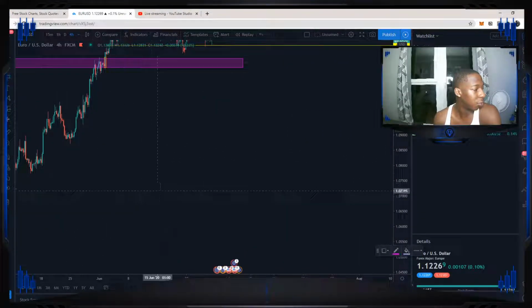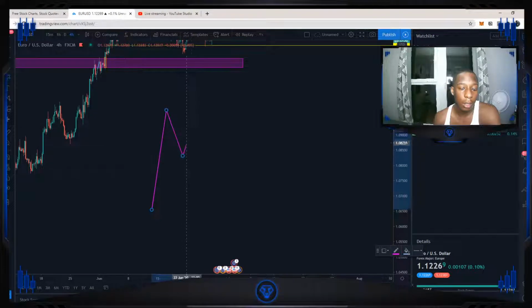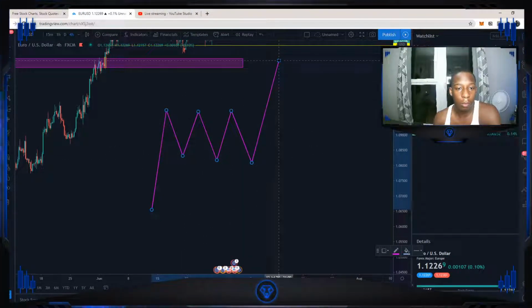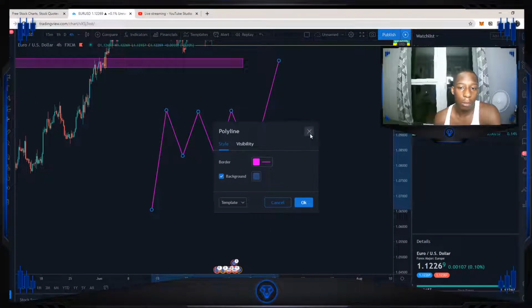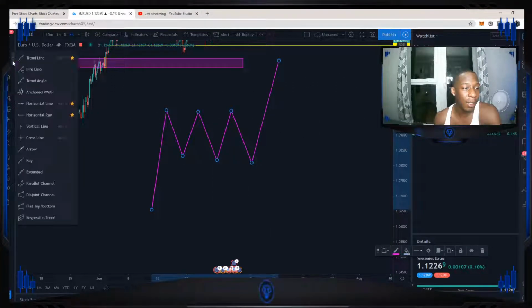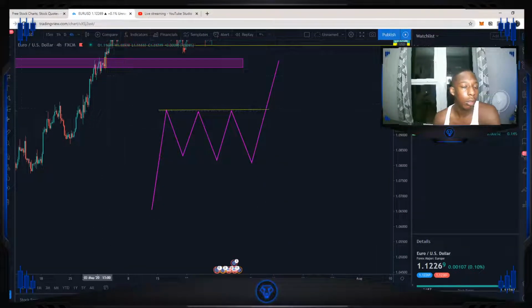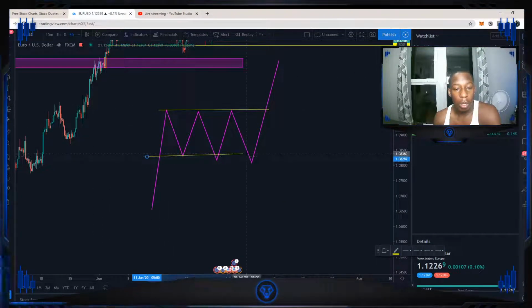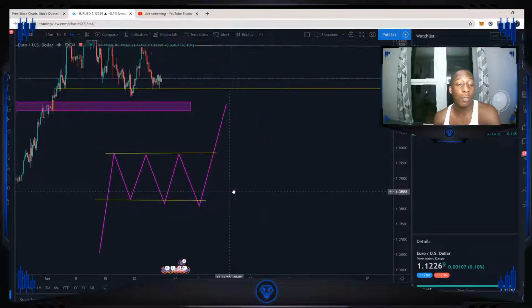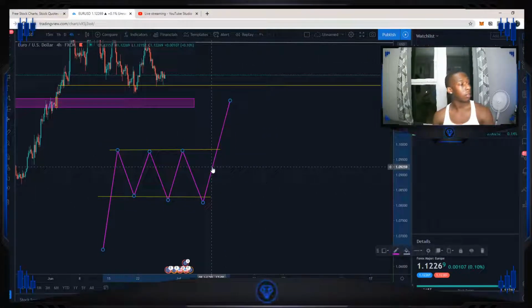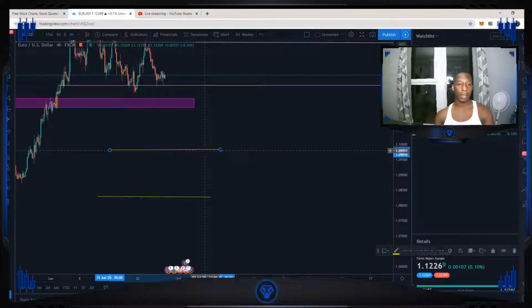If I just quickly draw that out for you guys, I'm looking for something like this. Or, if it doesn't form this bullish flag right here, we are most likely to get something like this.